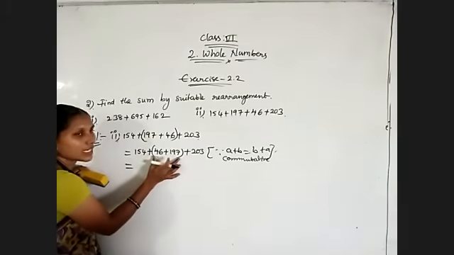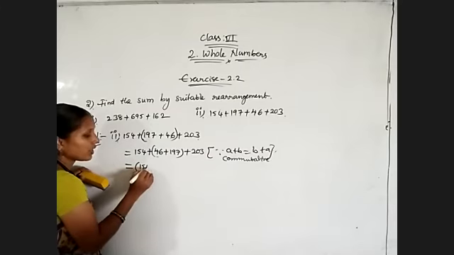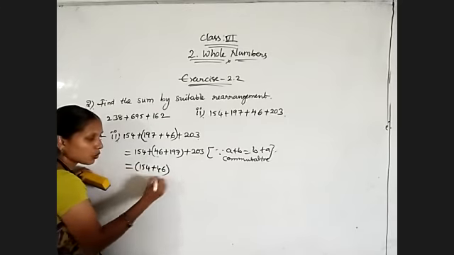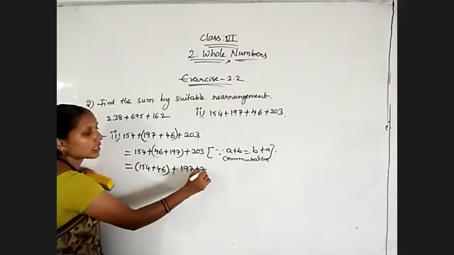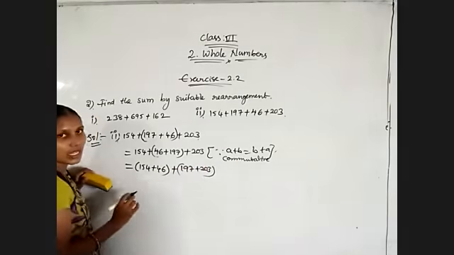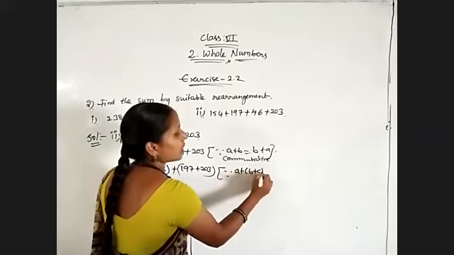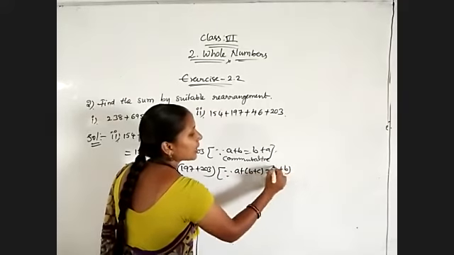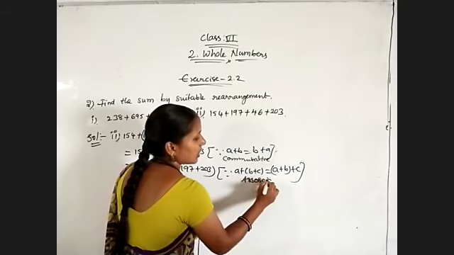These brackets I am disturbing and keeping them for the first two numbers. That is 154 plus 46 I am grouping. What are the remaining numbers? 197 plus 203, so for them also group. That's all. It is associative over addition.